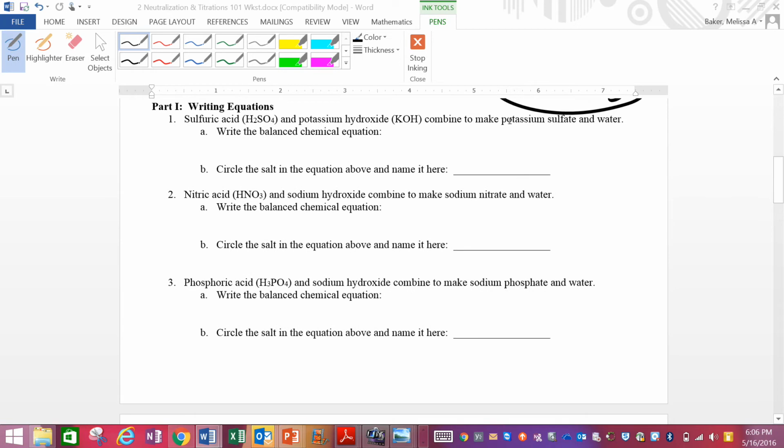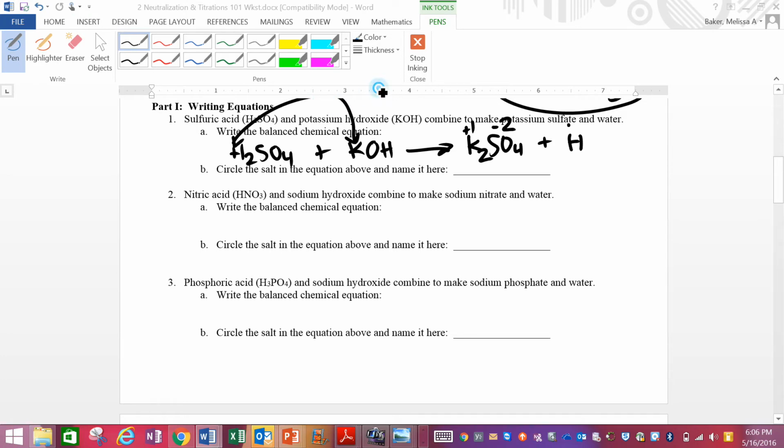Alright, practice writing some equations here. Write out the balanced equation between H2SO4 and KOH. So double displacement reactions, H switches places with the K. So we've got K, which has a +1 charge, SO4, which has a -2 charge, K2SO4, plus H is now with OH.